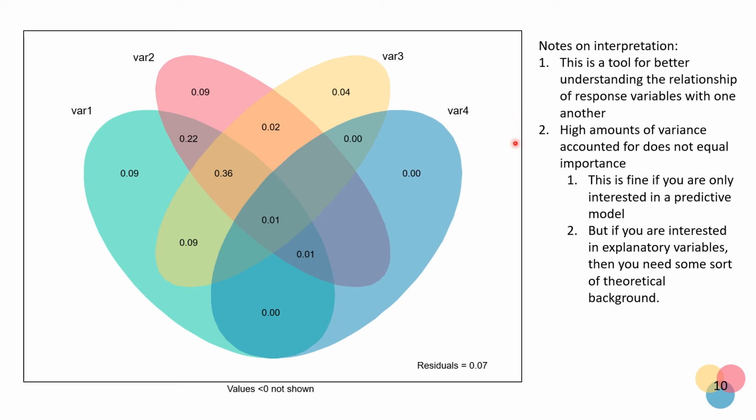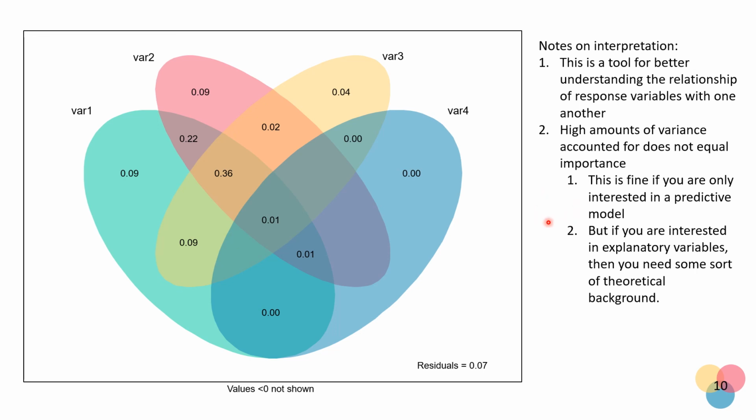So that leads us to point number 2, that high amounts of variance does not equal importance in the model. This does not make one variable better or worse than another. It's just telling us how the variables relate to one another, and it enables us to draw new and interesting conclusions from that. So yeah, this is a danger with this.